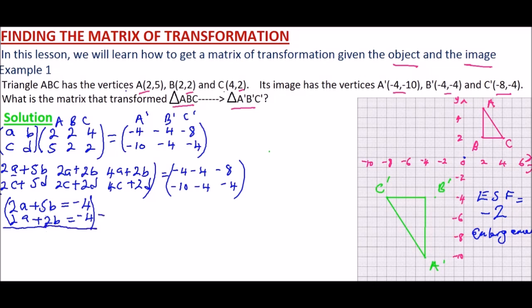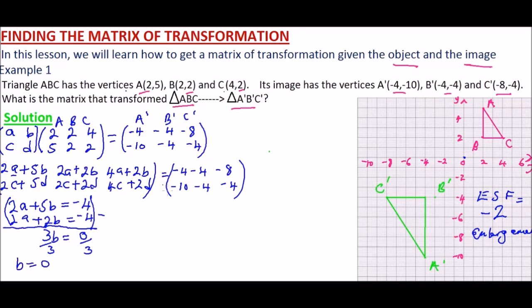So 2a minus 2a is 0. 5b minus 2b is 3b, which is equal to -4 minus -4, that changes to positive, so that will give us -4 plus 4, which is equal to 0. Divide both sides by 3, implying our b is equal to 0.